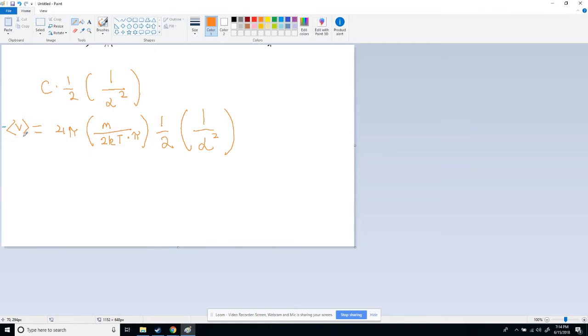And now we need to put alpha back inside here. I mean, replace alpha with its original m over 2kt. So it's going to be 4 pi. Oh, and this was to the power of 3 over 2. And so m over 2 pi kt to the power of 3 over 2.